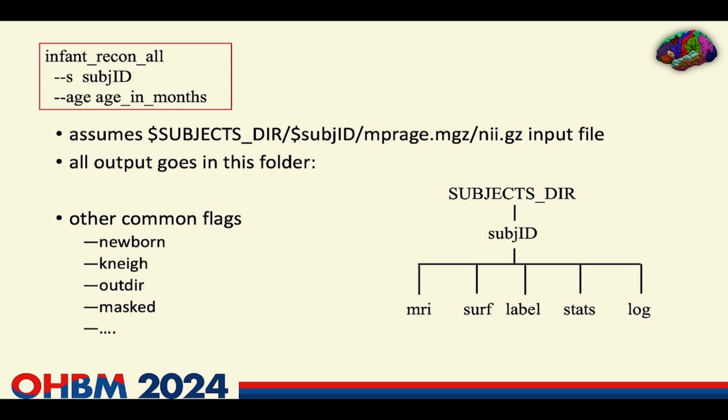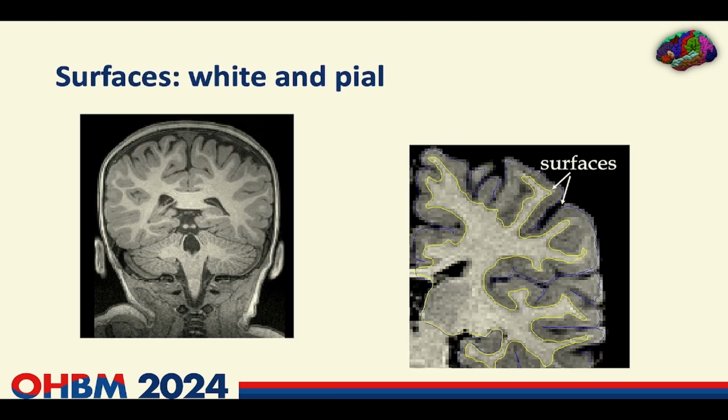SURF, corresponding to the surface-based files. Label, which contains the annotations or the parcellations that map onto your surfaces. Some statistics, and some logs that are basically summaries of all the processing you have done through the analysis.